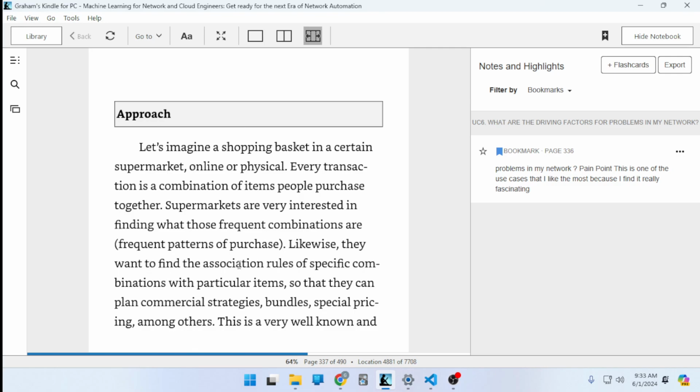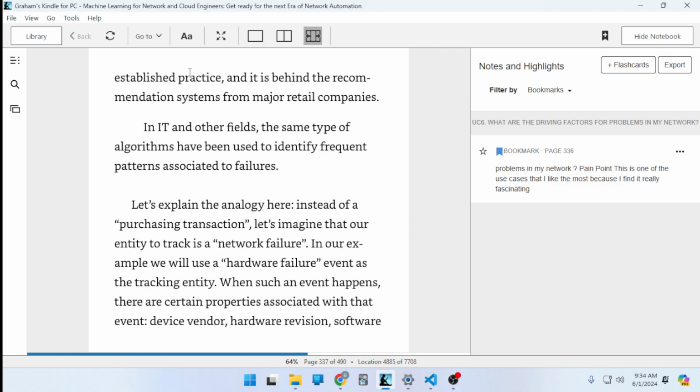Likewise, they want to find the association rules of specific combinations with particular items so that they can plan commercial strategies, bundles, special pricing, among others. This is a very well-known and established practice, and it is behind the recommendation systems from major retail companies.